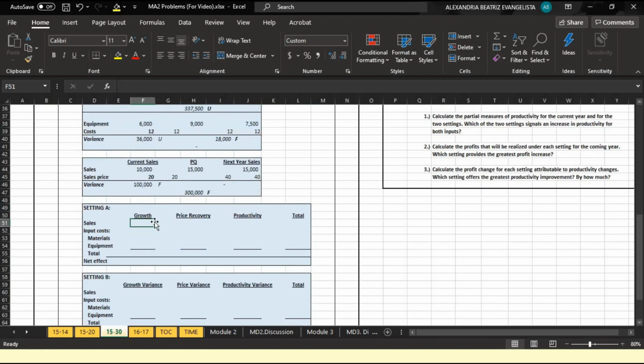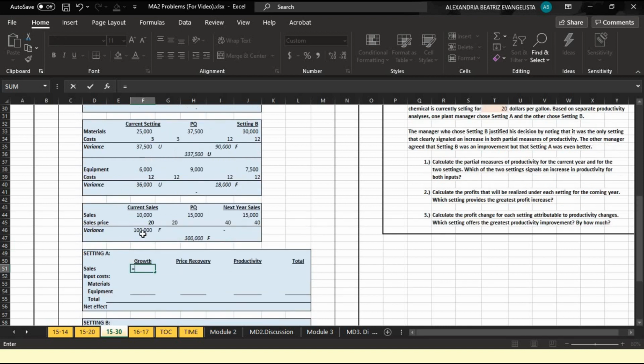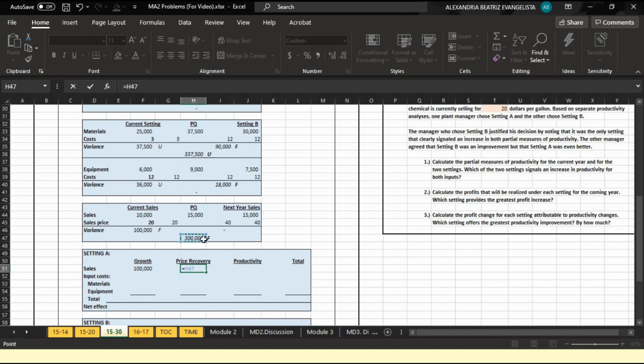Okay, now let's put here all of the variances that we've computed for setting A. So for sales under the growth column, we're going to put the variance that corresponds to growth, and that is 100. For price recovery, that is 300.